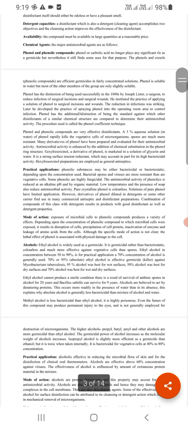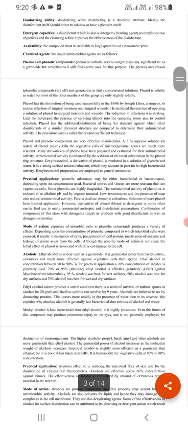First is phenol and phenolic compounds, used as chemical disinfectants. Phenol, or carbolic acid, is not used nowadays in germicidal action, but it still finds some use for that purpose.